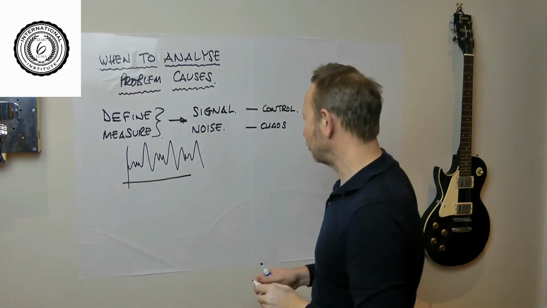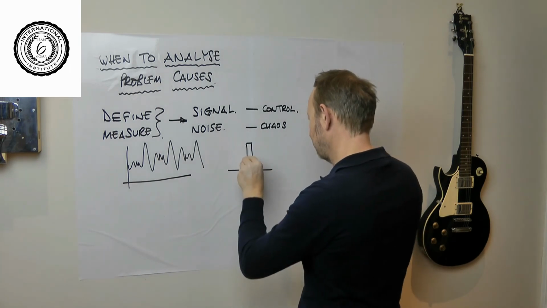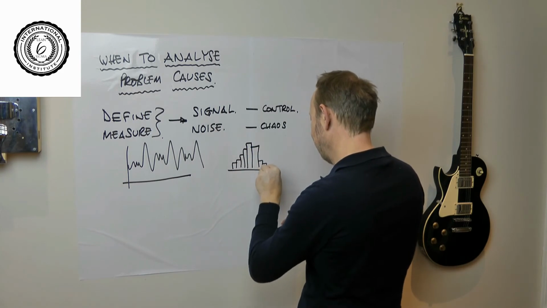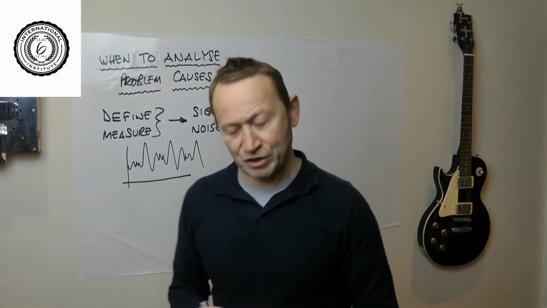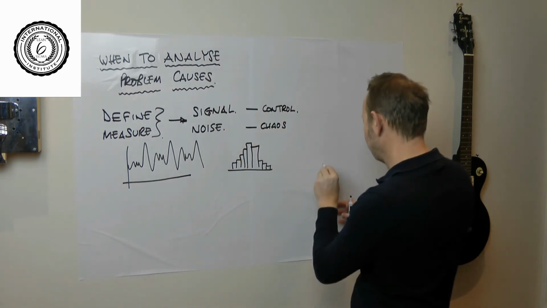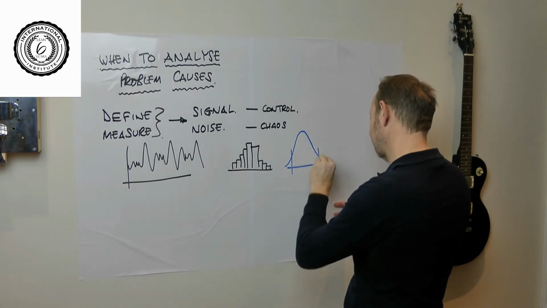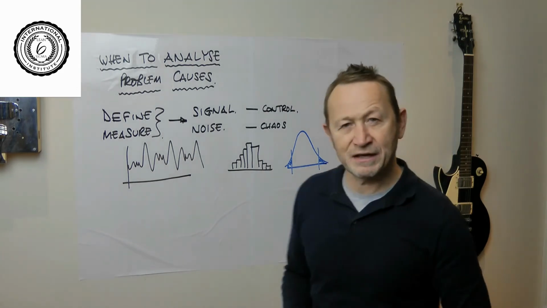Then what you should do is a histogram. And then if it's appropriate, because you have two-sided tolerances, I would finish off with a CPK analysis.